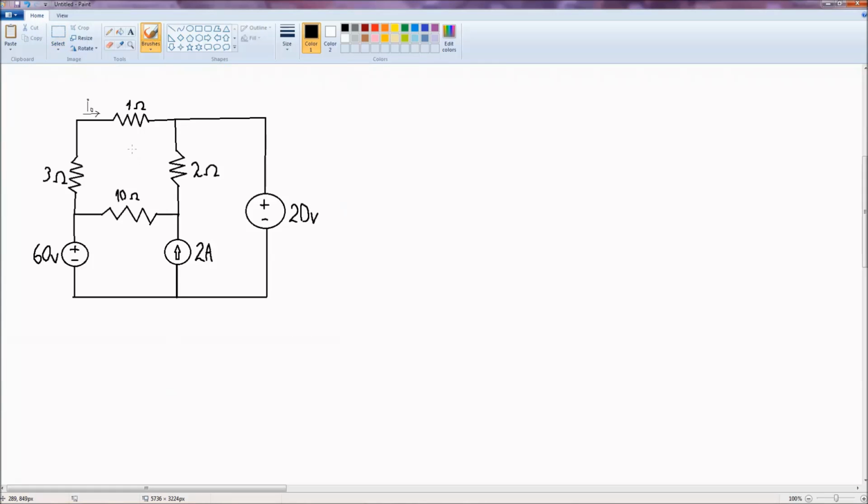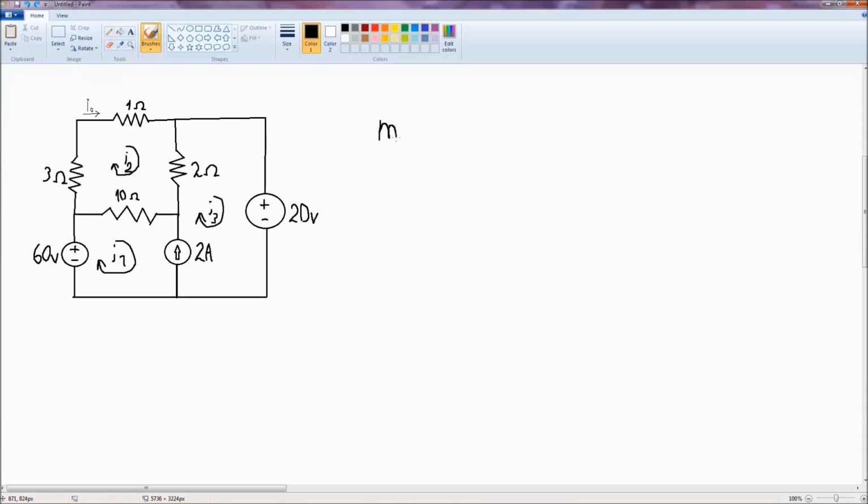So as I explained earlier, you want to put down like this I2 here, I1 here and I3 here. And as you notice, in this case, we have something like a square, actually neither is a perfect square, but basically you put down the meshes like this, and now what you want to do is put down the equation for the supermesh.